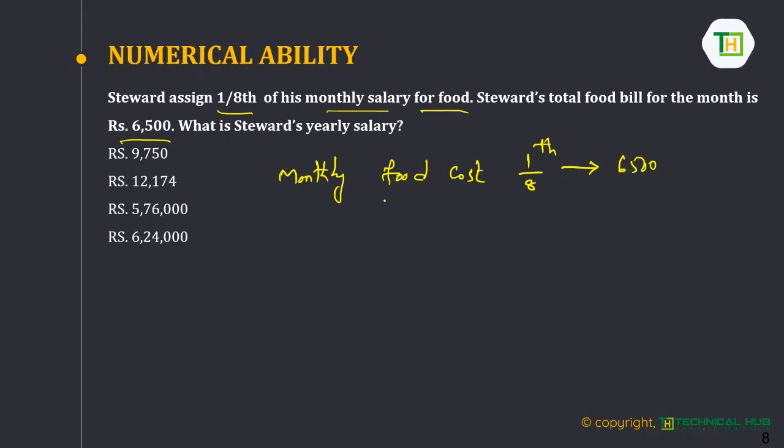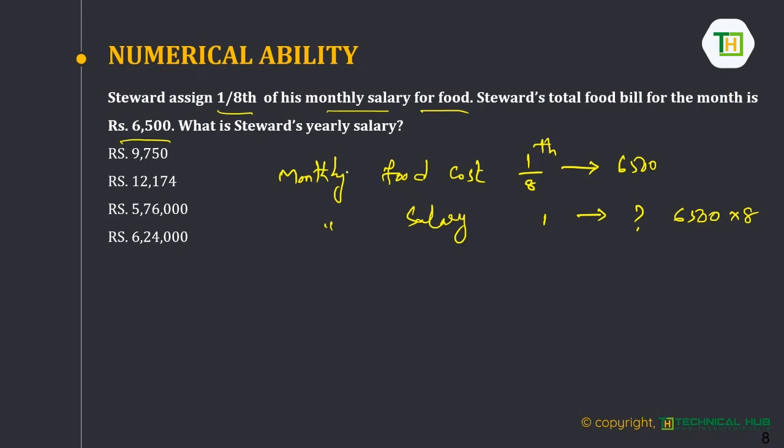So automatically, the monthly salary is the total, one part. In that, 1/8 is food. Then what is this value? Automatically 6,500 into 8. This is the monthly salary of a steward.